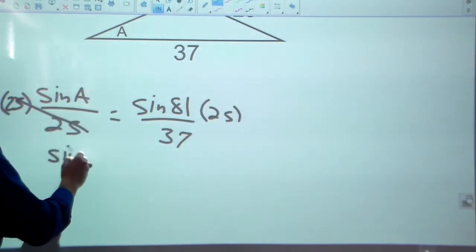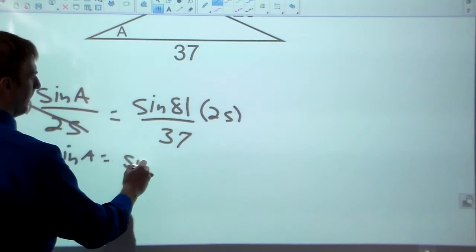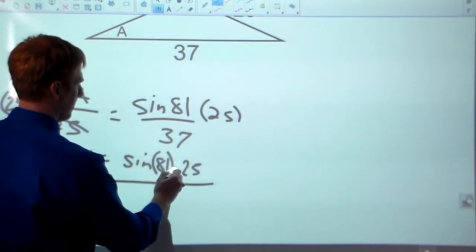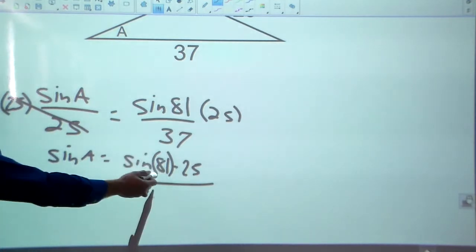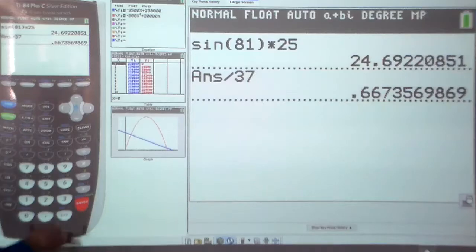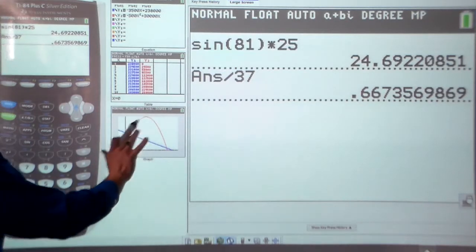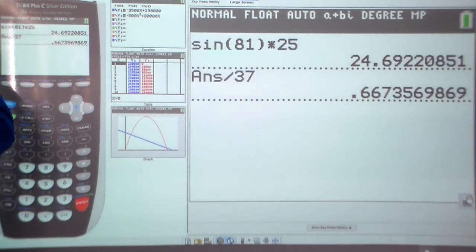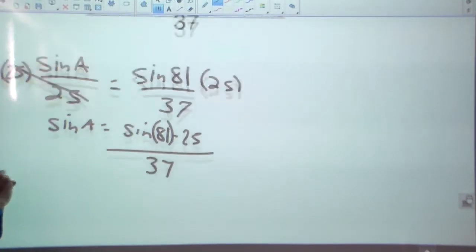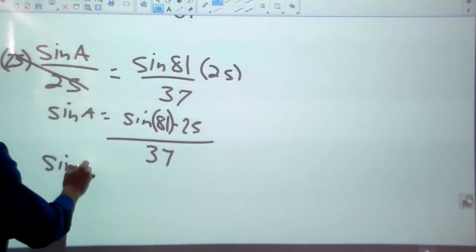So sine of A is going to be sine of 81 times 25. And let me make sure that's distinct, that 81, you're taking sine of 81, the angle, and multiplying the result by 25. So now we get this ratio, 0.667 and some other stuff. And if I go back, that means sine of A is equal to that ratio.